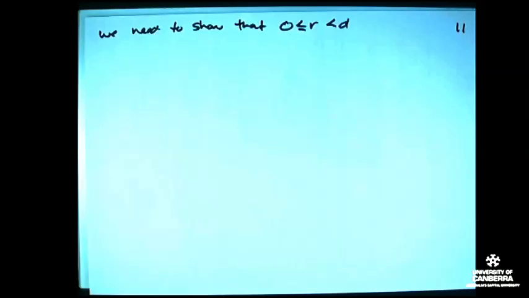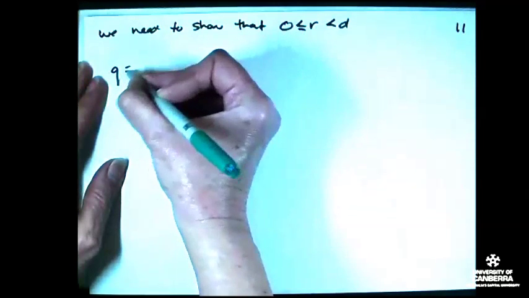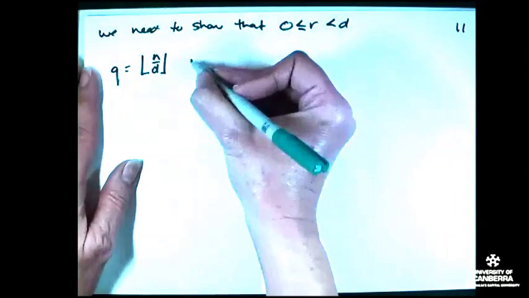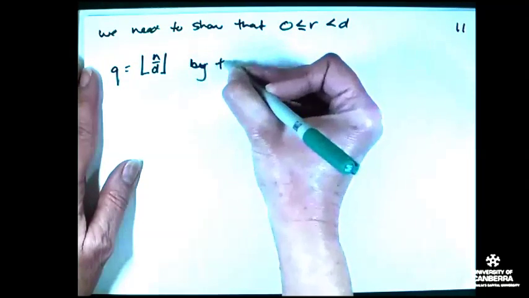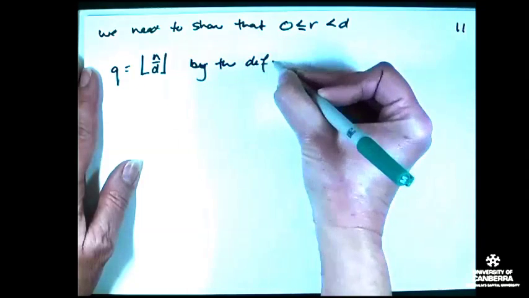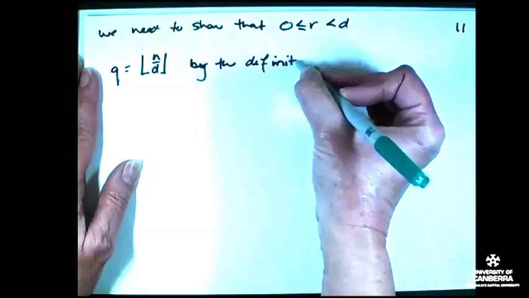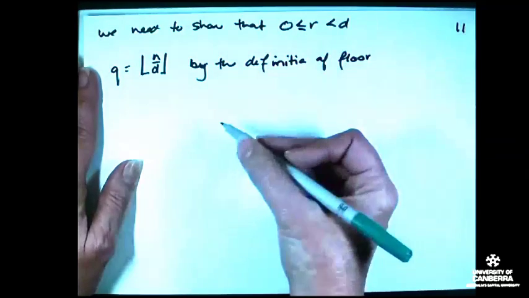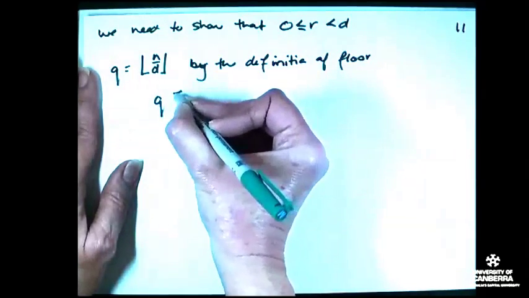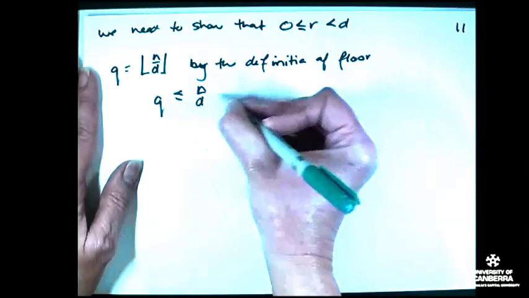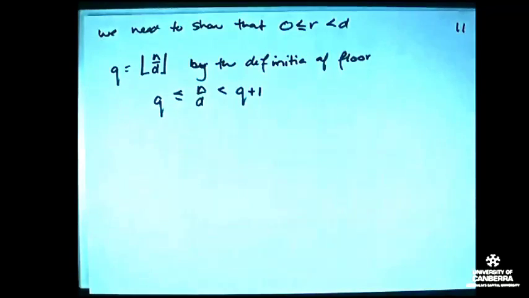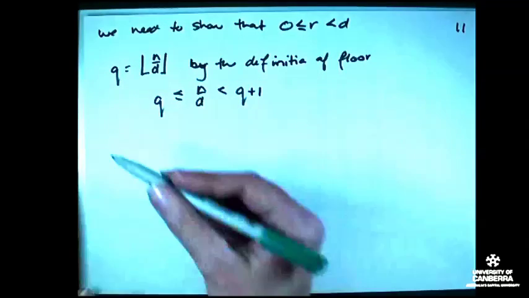So we know that q is equal to the floor of n on d. And by the definition of floor, that means that q is less than or equal to n on d is less than q plus 1. Now what we're going to do is multiply everything through by d.